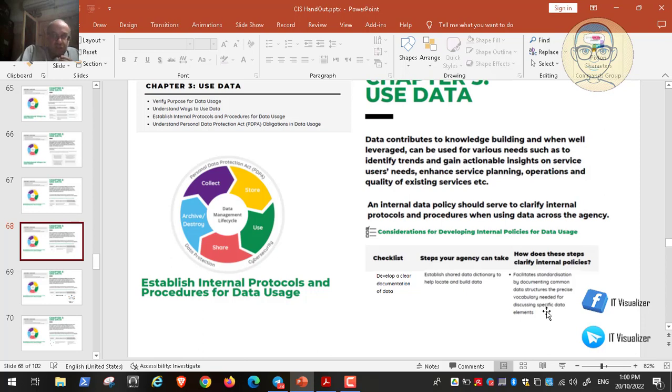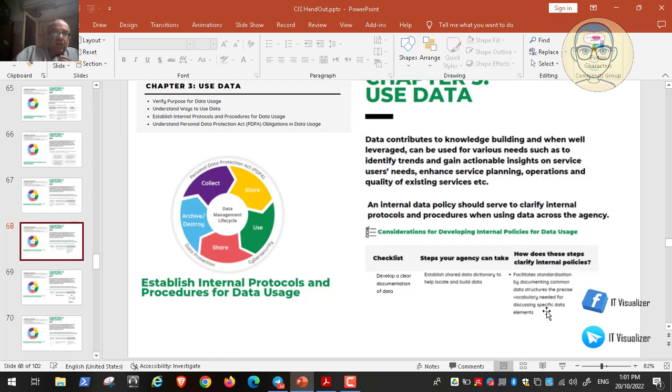So he is saying that you should have a clear documentation about your data. You have developed a clear documentation of the data. Each data type should be described, and there should be a clear data dictionary vocabulary. So when I say financial data, that means a certain set of data, for example maybe a balance sheet.